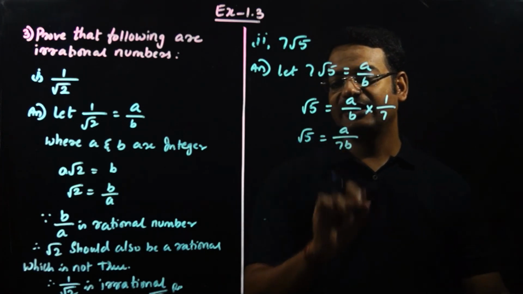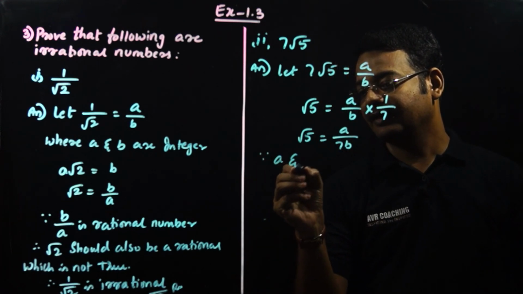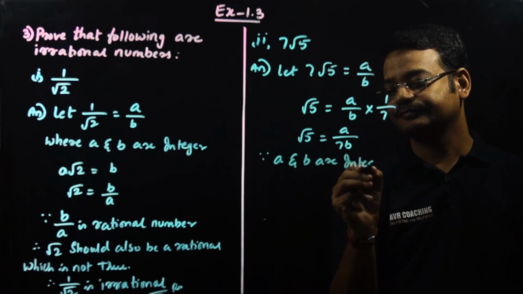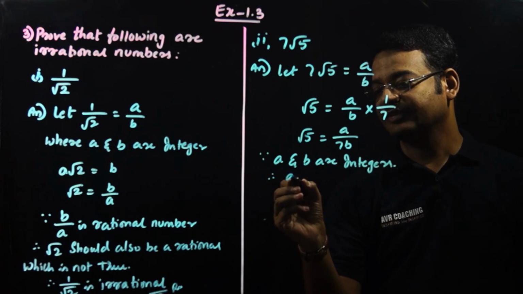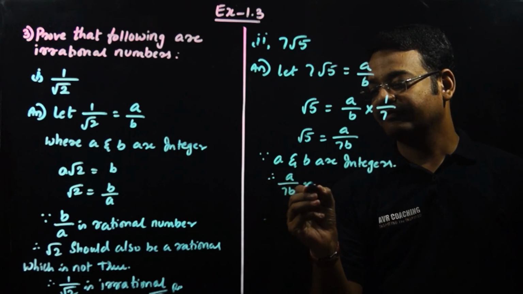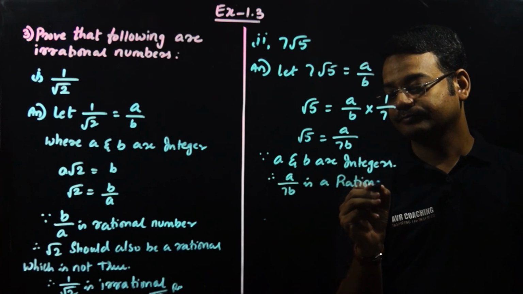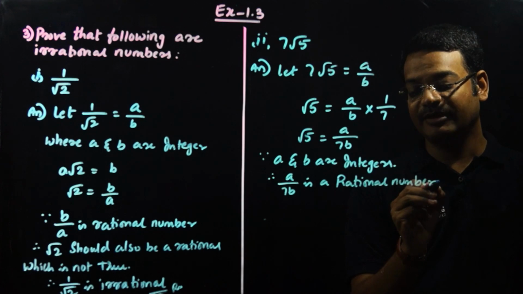Since a and b are integers, a by 7b is a rational number because it can be represented in the form of p by q.